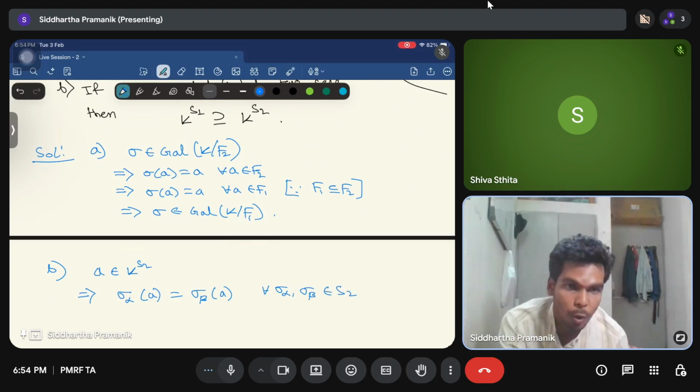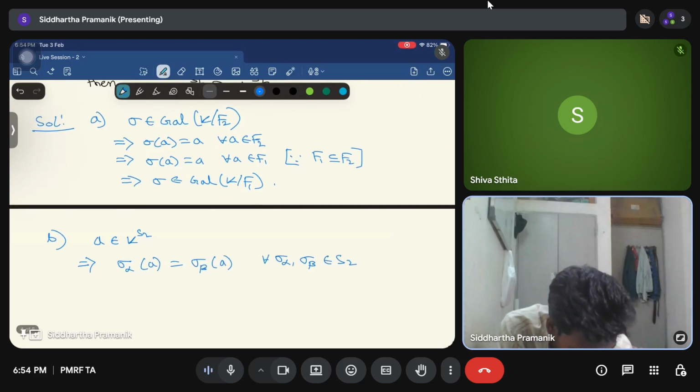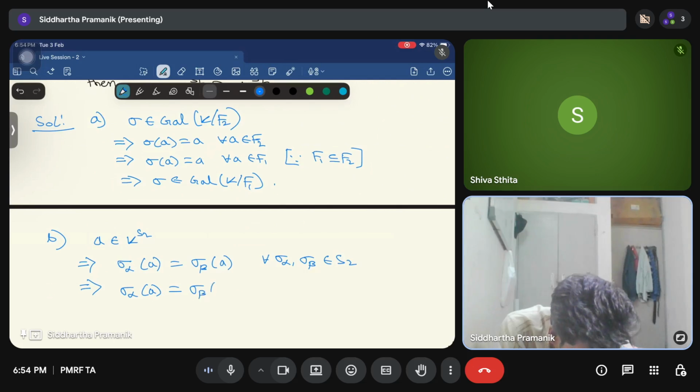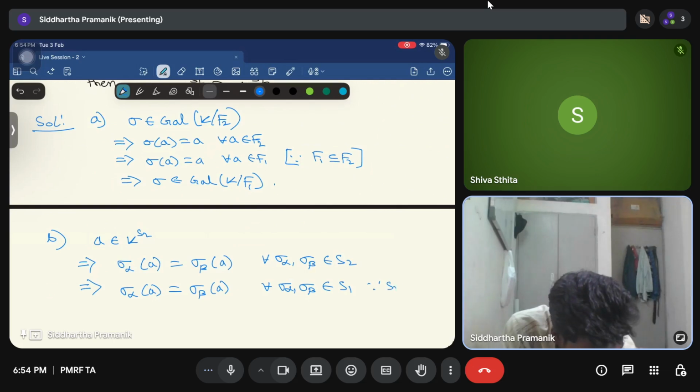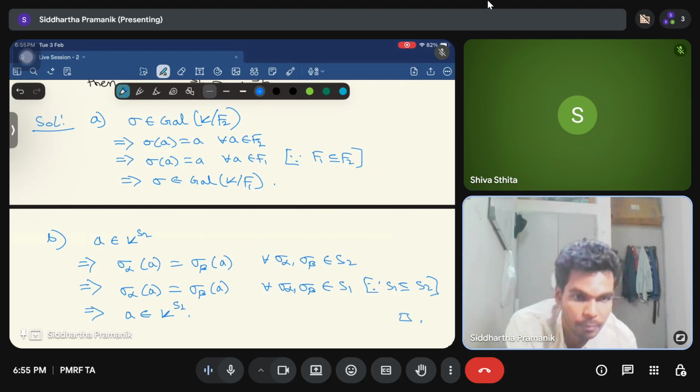So all homomorphisms fix this element in S2. So that means sigma alpha of a is sigma beta of a for all sigma alpha, sigma beta belonging to S1 also, because S1 is a subset of S2. So this means this a has to be in the fixed field of S1. So this proves the second part.